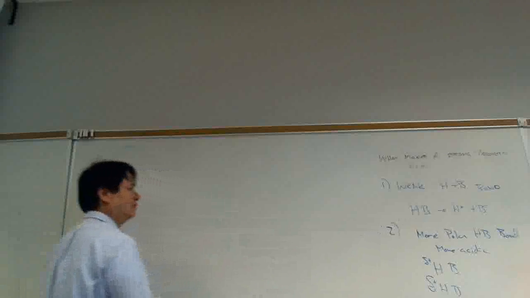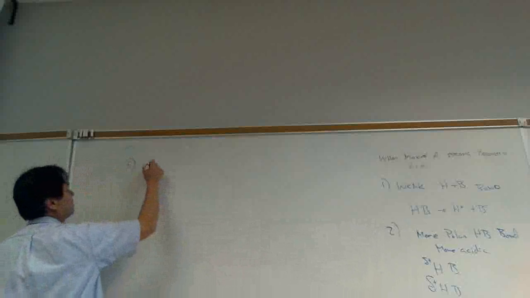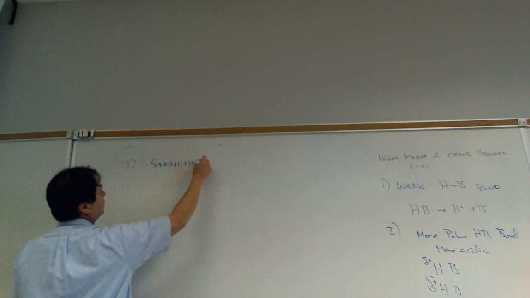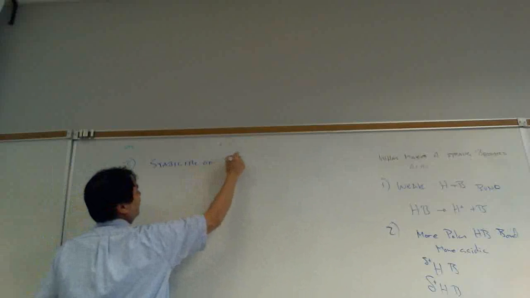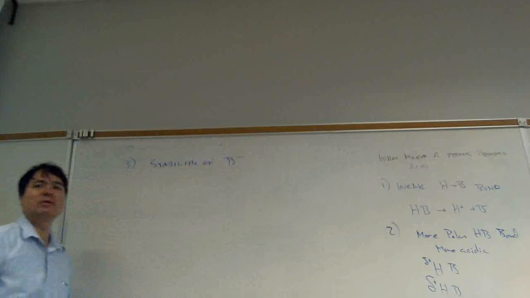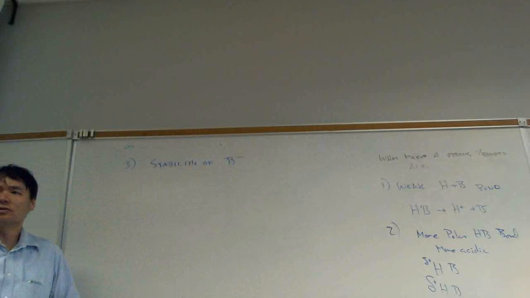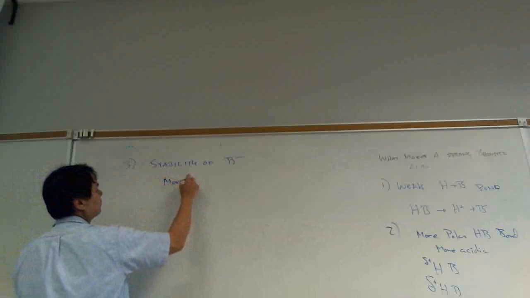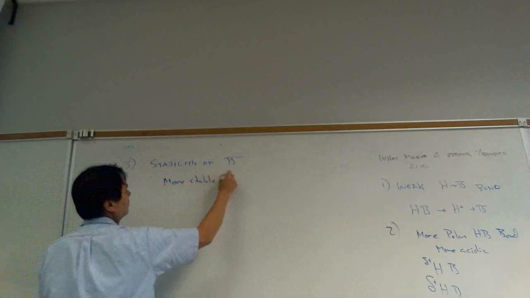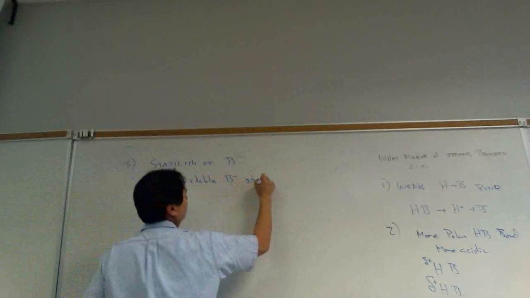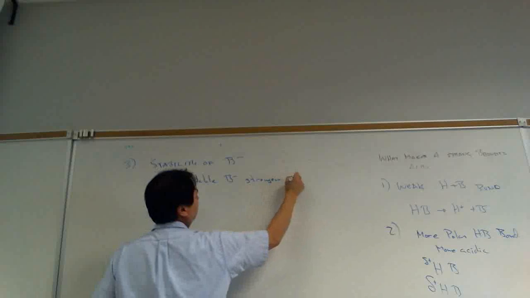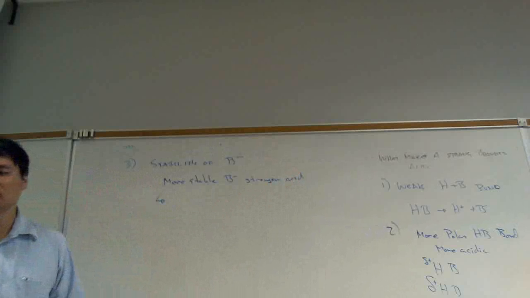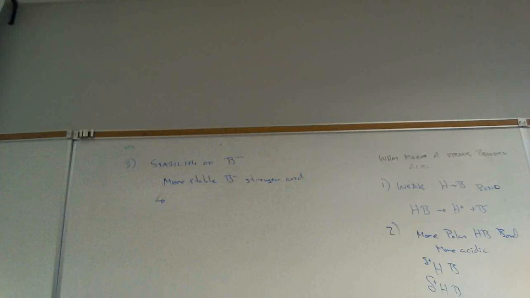Three, the stability of the conjugate base, B minus. The more stable B minus is, the stronger the acid. We look at two things in the stability of the conjugate base.